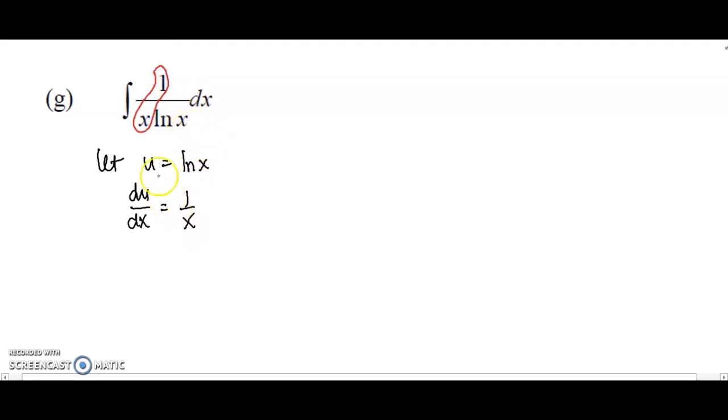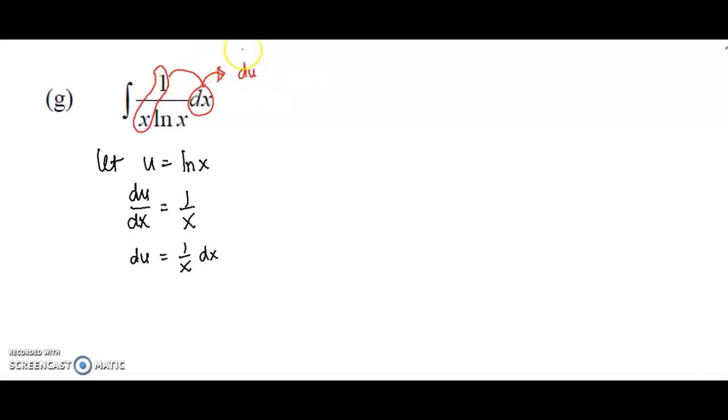So here, it gives you the hint that 1 over x, if you combine with the dx, you can make it in terms of du. 1 over x dx can be written as du. It means that in your question, we have 1 over x combined with the dx, these two together can be replaced by du.